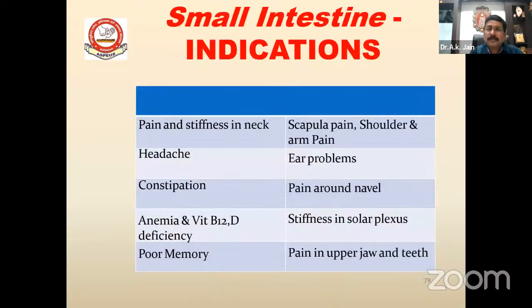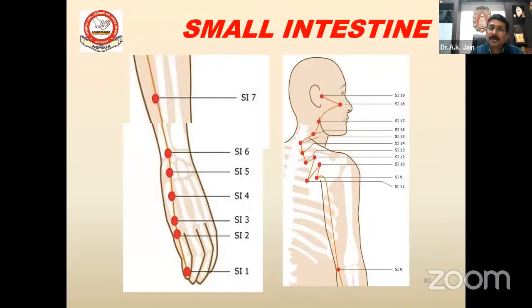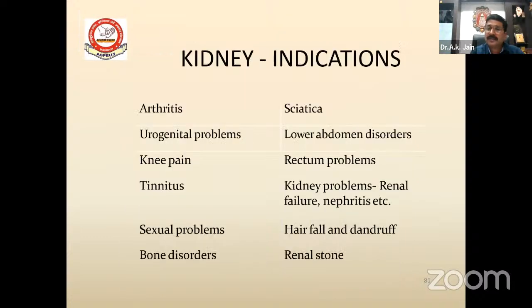Common indications for the small intestine are headache, constipation, anemia, and especially vitamin D and B12 deficiency. You can treat this SI for poor memory, pain around the navel, ear problems, or the upper jaw. This is the pathway of the small intestine. The lateral side of the ear is the last point, SI19.